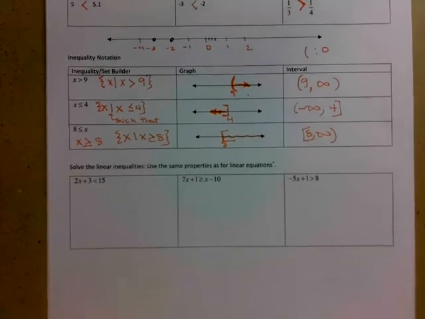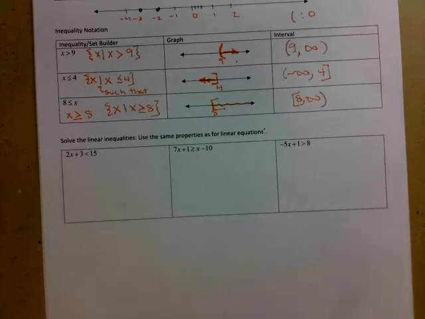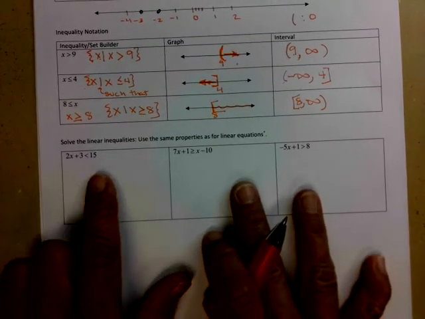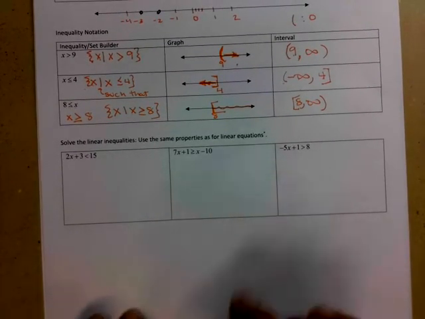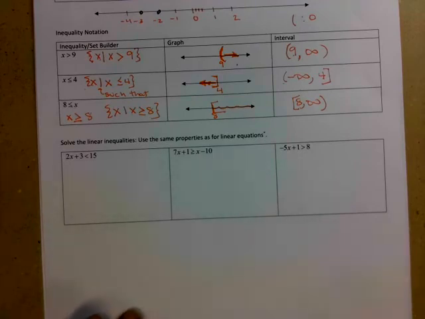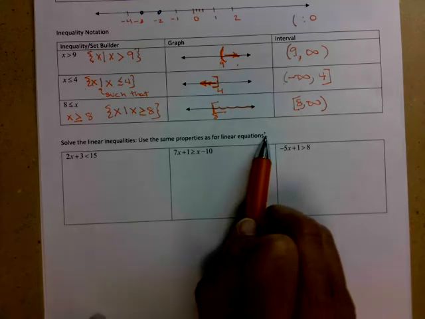Okay, so now if we have a linear inequality, it looks like our equations but with an inequality symbol as well. We're going to use the same properties that we use to solve linear equations, with one fine print thing.